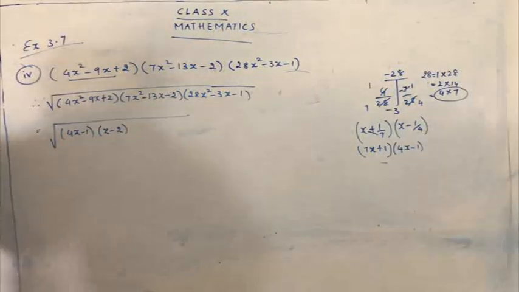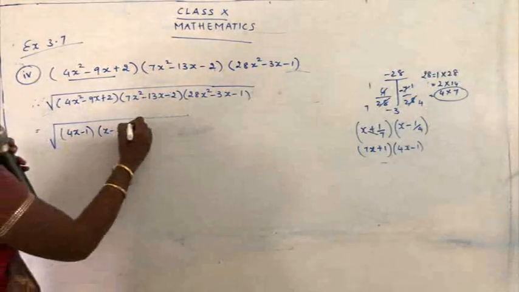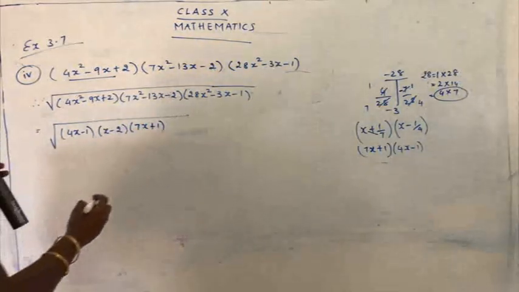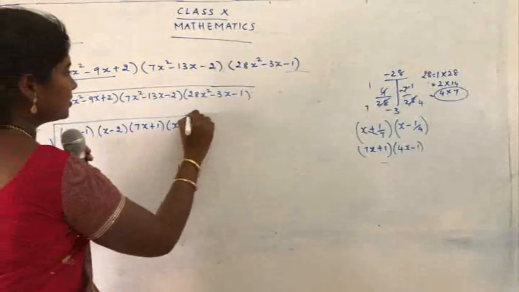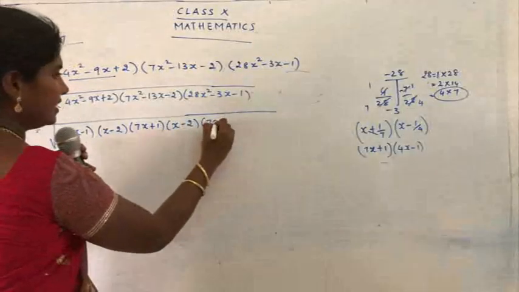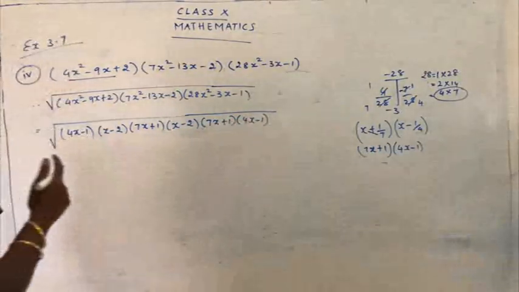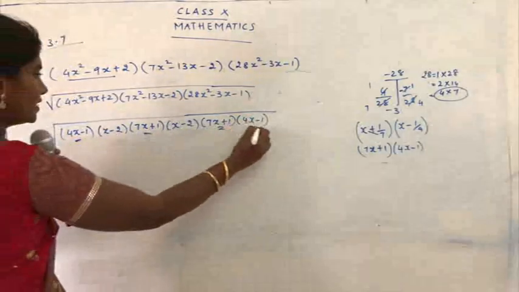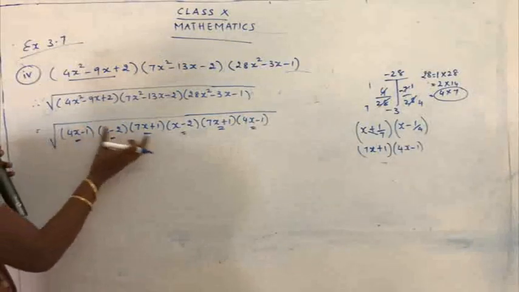And what was the factor for 7x square minus 13x minus 2? It was 7x plus 1, x minus 2. Yes. And what was the factor for 28x square minus 3x minus 1? 7x plus 1, 4x minus 1. Yes, just see here: 7x plus 1, 7x plus 1, 4x minus 1, 4x minus 1, x minus 2, x minus 2. So we are having two same numbers, yes.